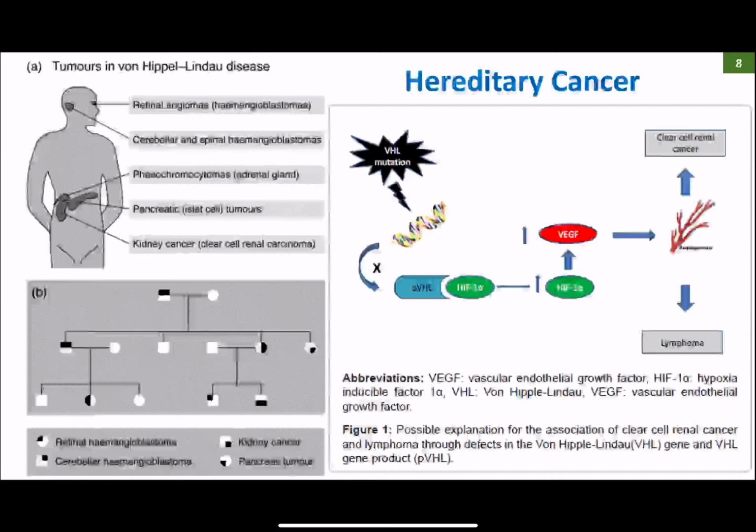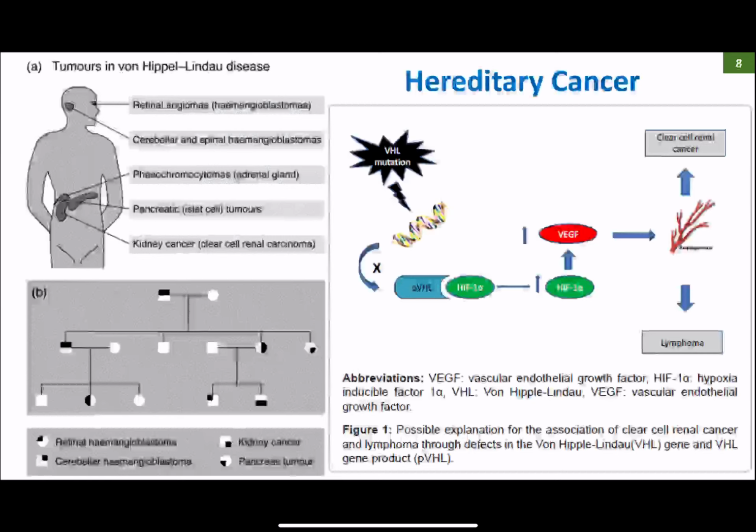What's characteristic with this von Hippel-Lindau disease is that, again, this is an autosomal dominant disorder, but the presentation in various members of the family is different. So they all get cancer, but different types of cancer.